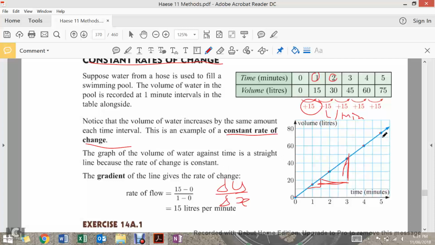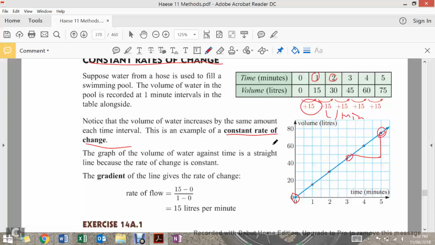So we'd pick any y height. For example, I might pick the y change between this point and this point. So it would be that height there. I then divide that amount by the x change. This is all pretty basic maths from back in the day. The slope of this line is the rate. In this case, the slope of this line is 15, which means the rate of volume change is 15 litres per minute, constant over this entire period.